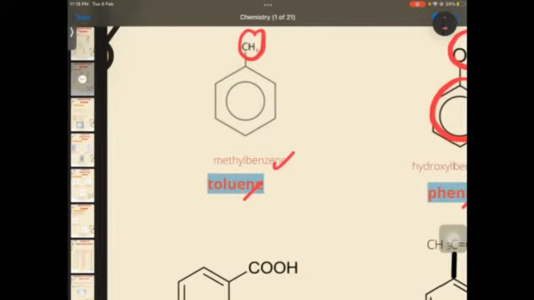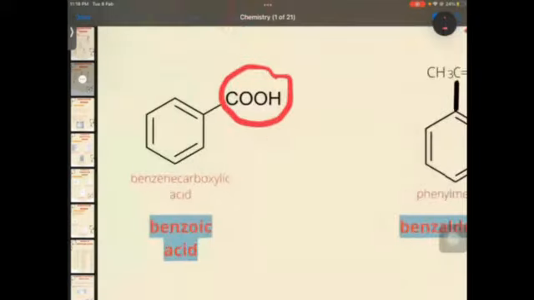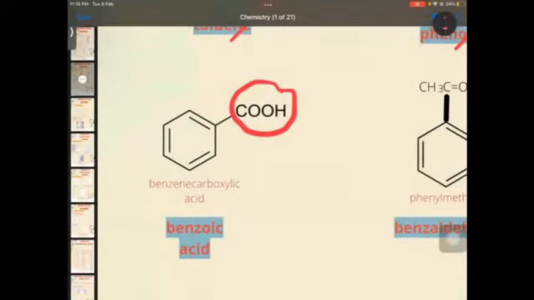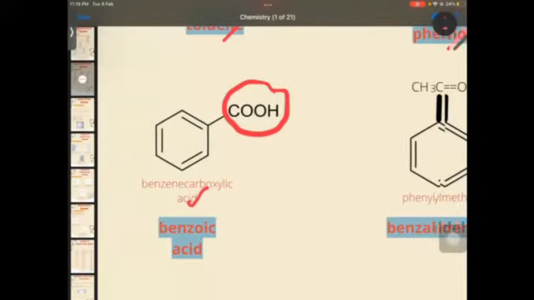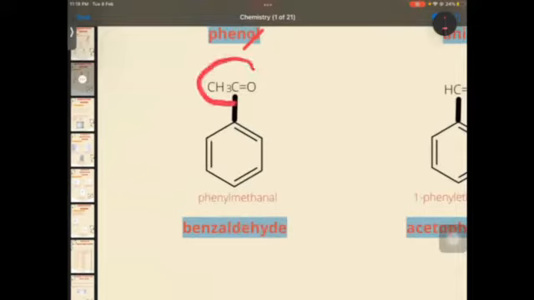Next, when COOH attached in carbon number 1 with a benzene ring, it can be benzene carboxylic acid. It's a common name, but the special name can be benzoic acid. Next, when CH3C double bond O attached in carbon number 1 with a benzene ring, it can be phenyl methanone. This is a common name, but the special name will be acetophenone.